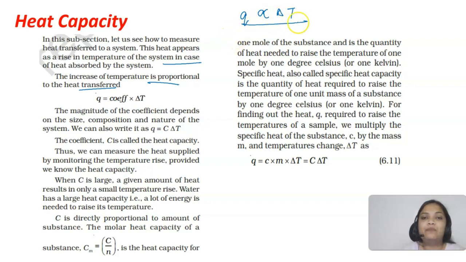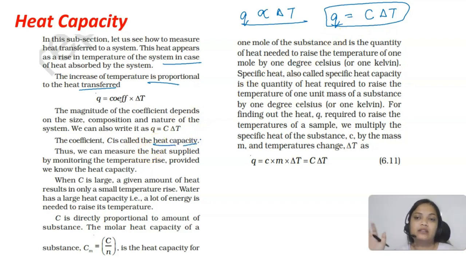Now there will be a proportionality constant, denoted by C. This C is known as heat capacity. Specific heat we will discuss separately. This heat capacity depends on the size, composition and nature of your system. So it means we can measure the heat supplied by monitoring the temperature rise if we know the heat capacity of that system.